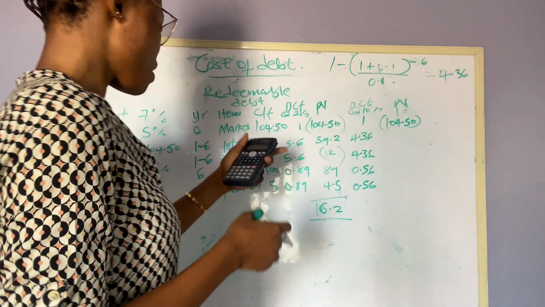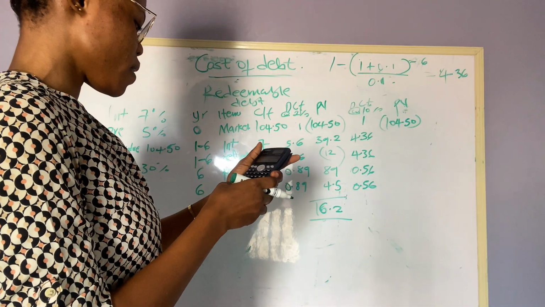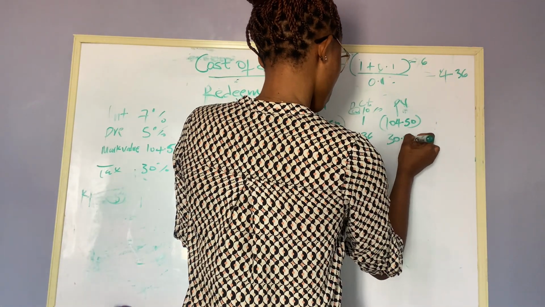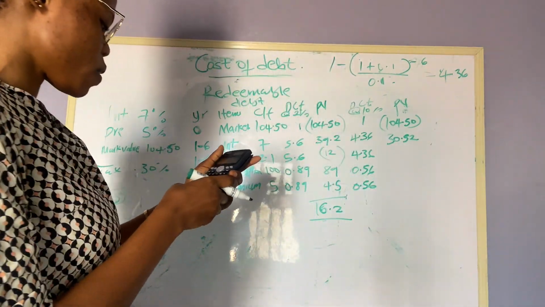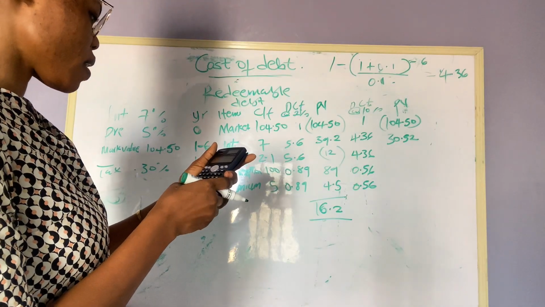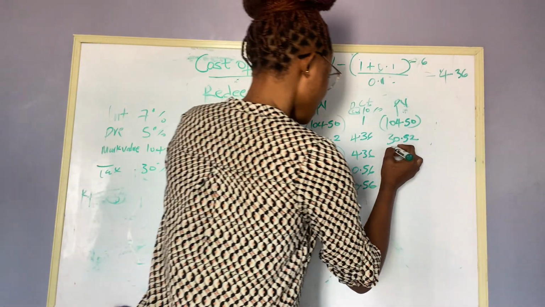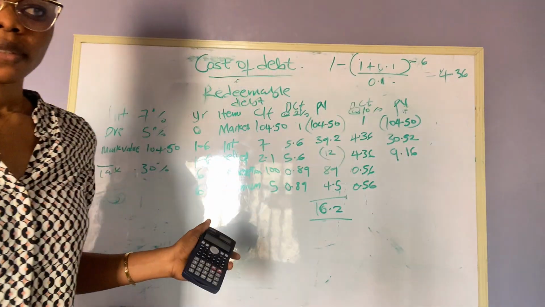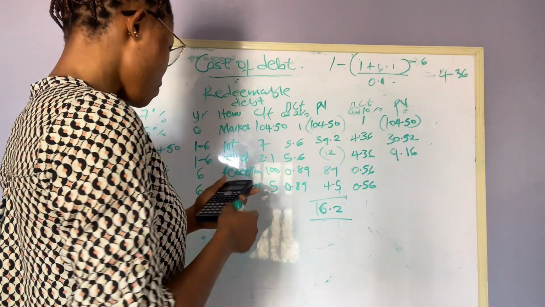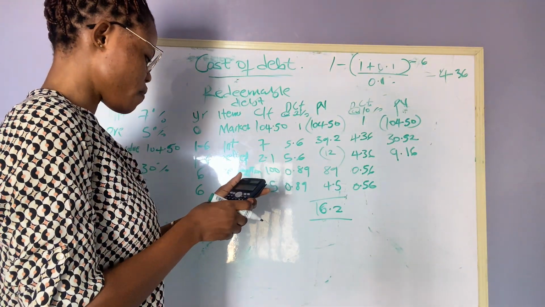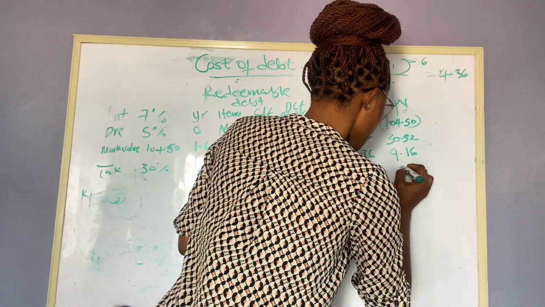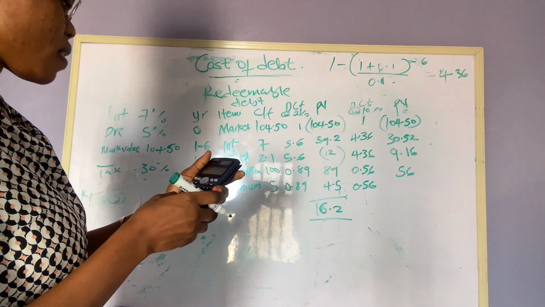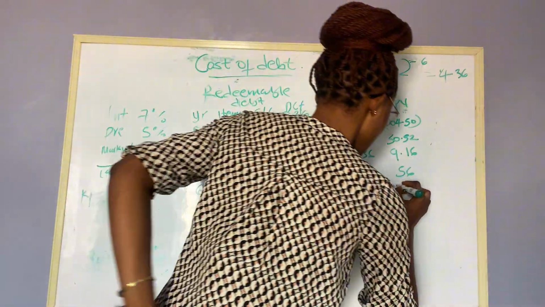So we say 7 times 4.36, we have 30.52. The next one is 2.1 times 4.36, we have 9.16. Hope you guys understand. Then another one, redemption, we say 100 times 0.56, we have 56. And 5 times 0.56, we have 2.8.